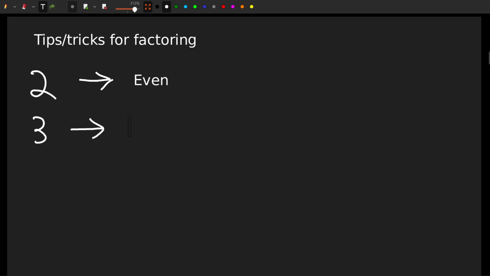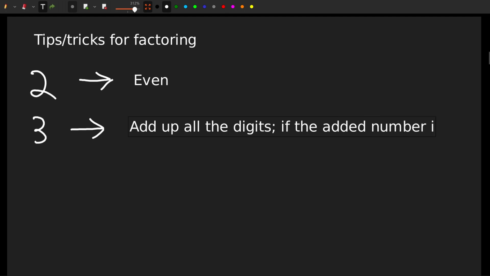And for 3, basically you need to add up all the digits. If the added number is divisible by 3, then your number is divisible by 3.